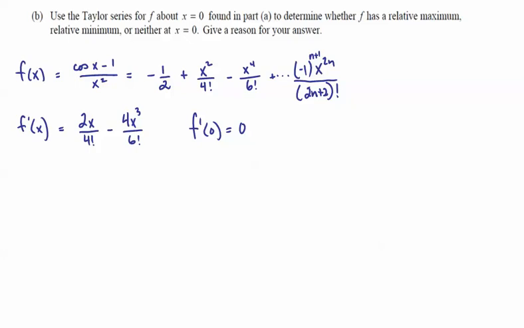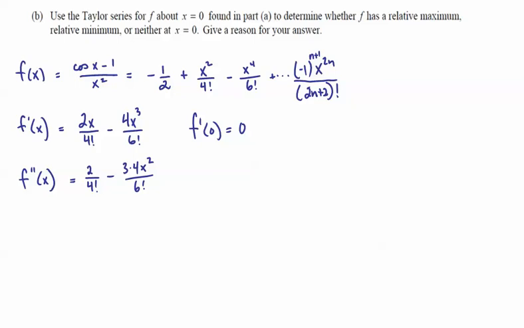Is it a minimum, a maximum, or neither? We're going to use the second derivative test for that. So we'll take the derivative of the first, which is just 2 over 4 factorial, and then the derivative of the second term would be 3 times 4 times x squared over 6 factorial.